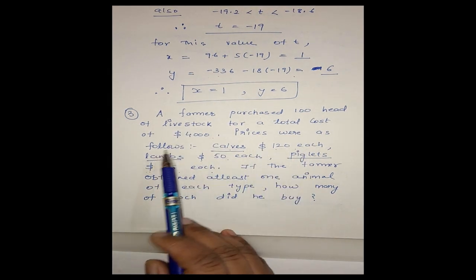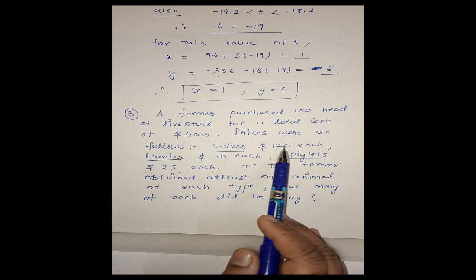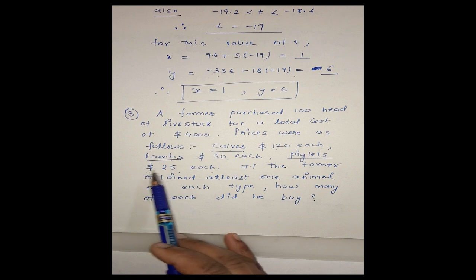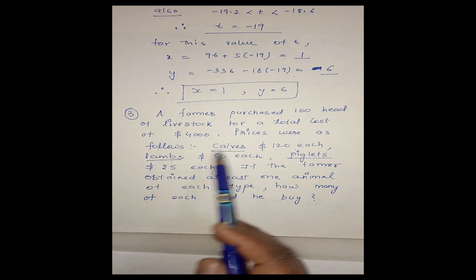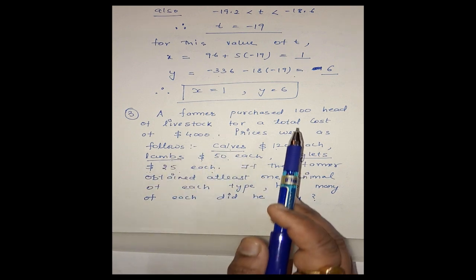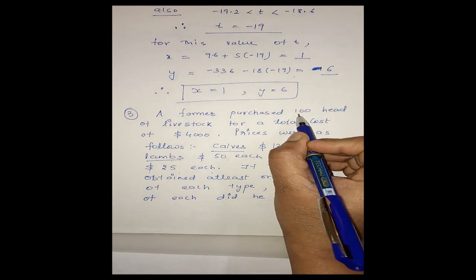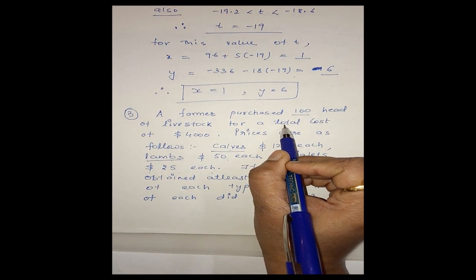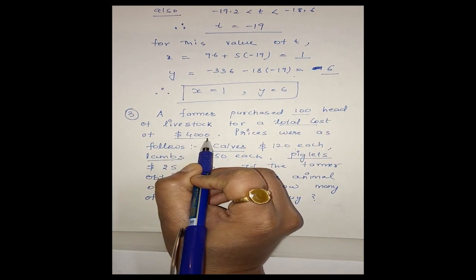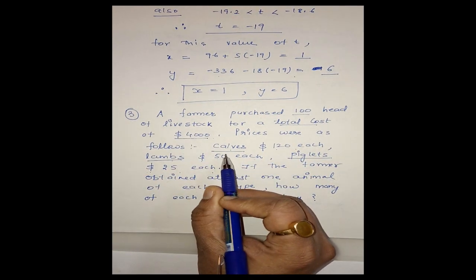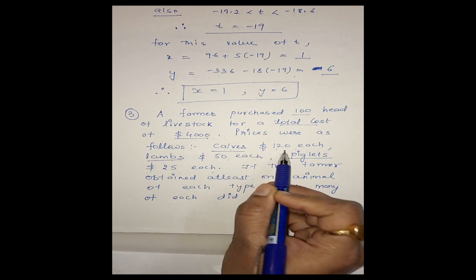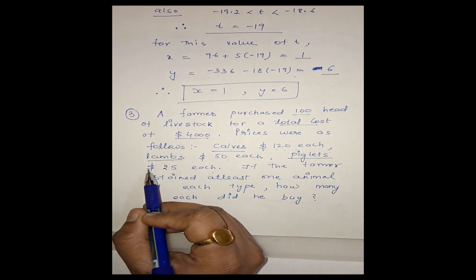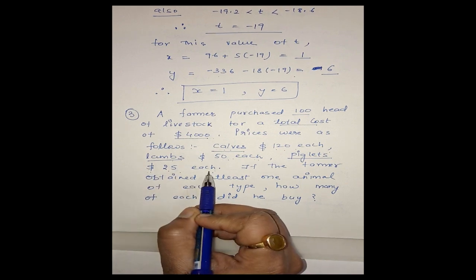Prices were calves $120 each, lambs $50 each, and piglets $25 each. So these three types of animals he bought, the total number of animals is 100, and the total cost he spent is $4,000.